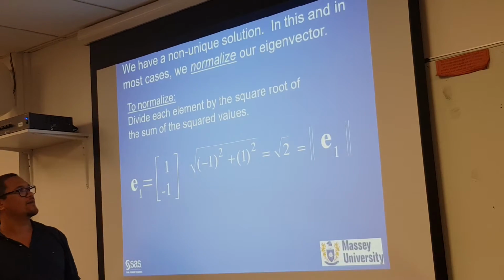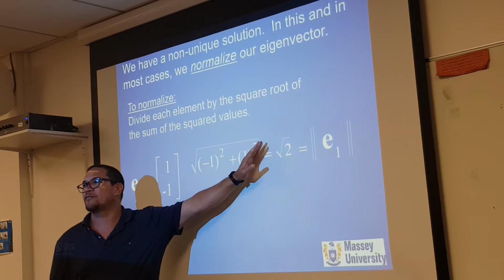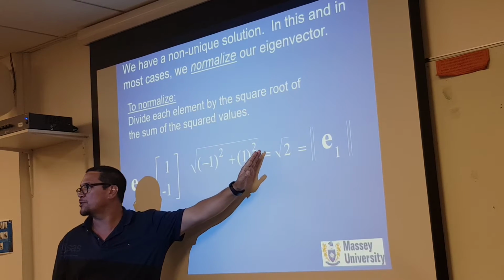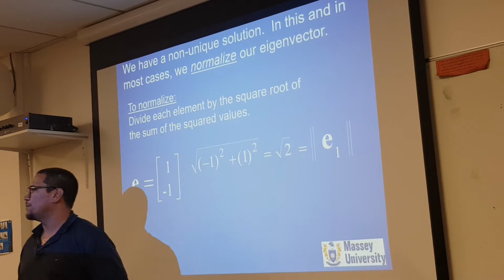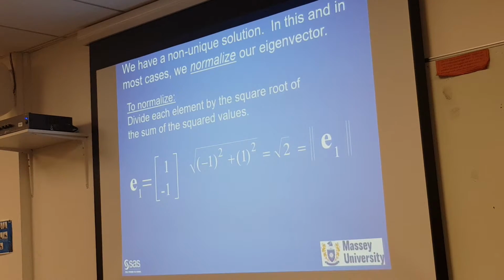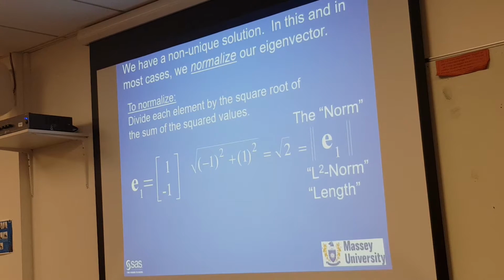That's just the length of the vector in its current form. If I divide by that length, I get the normalized value. So what people often do is calculate the normalized eigenvector.